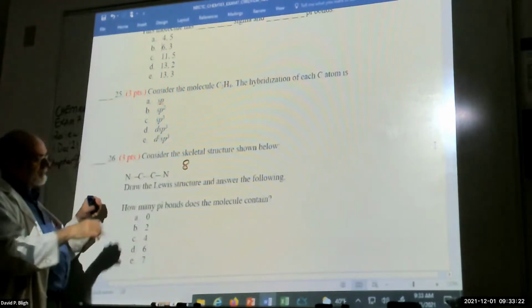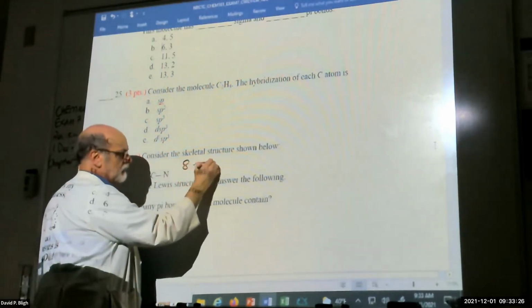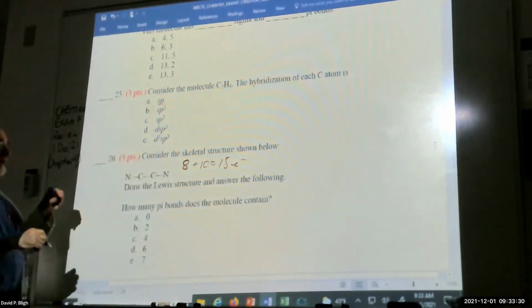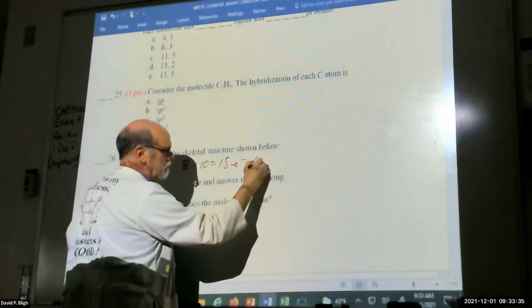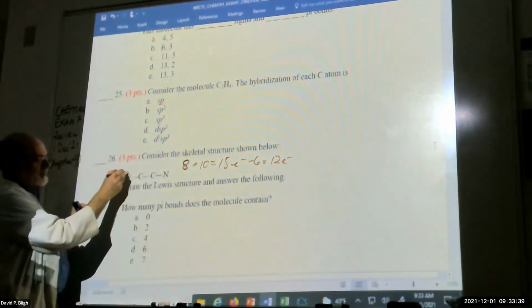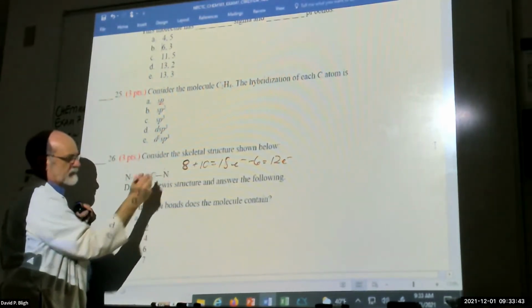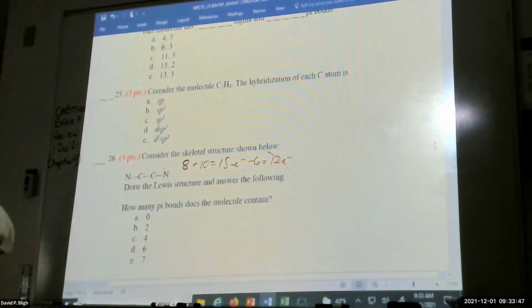Okay. And then 2 nitrogens at 5 each is 10. So we have 18 electrons. We've used up 2, 4, 6, so 12 electrons left. So 2, 4, 6, 2, 4, 6, all gone. Now we've got to try to make an octet.